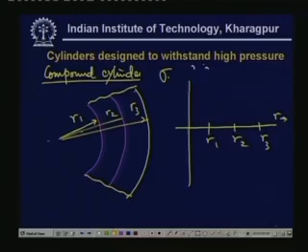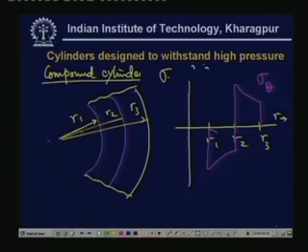Then the sigma theta distribution, that is sigma theta, will be here compressive, then tensile. So, this is the rough distribution of sigma theta. Of course, sigma r, that is the radial stress distribution, will be something like this.